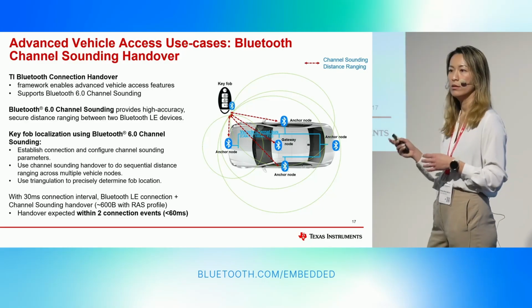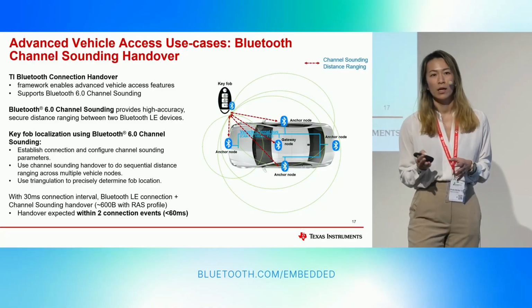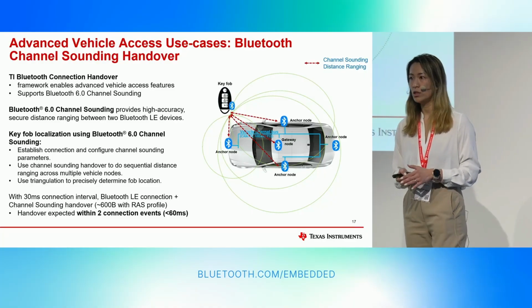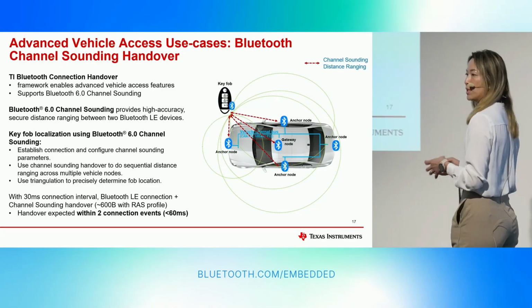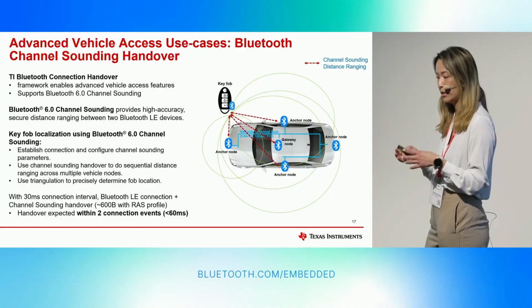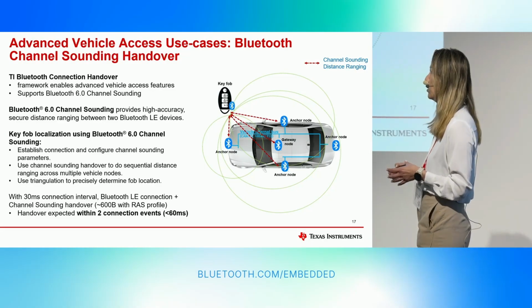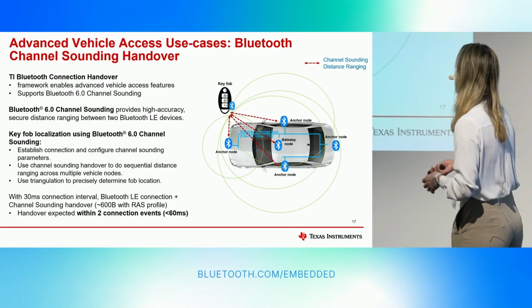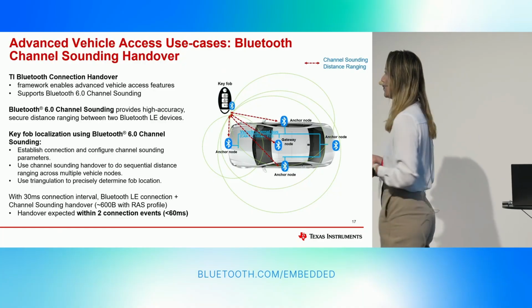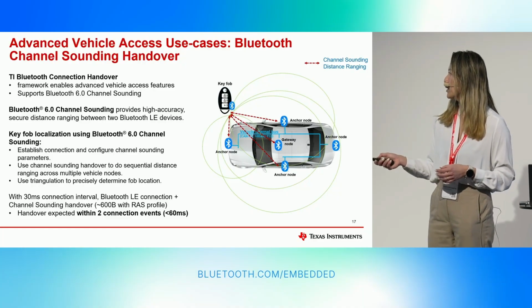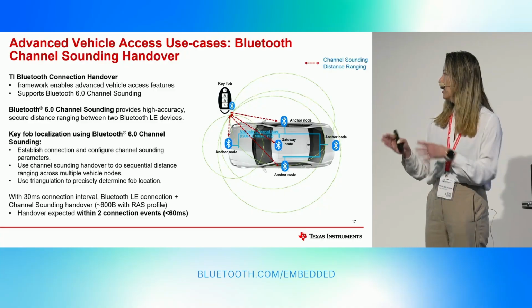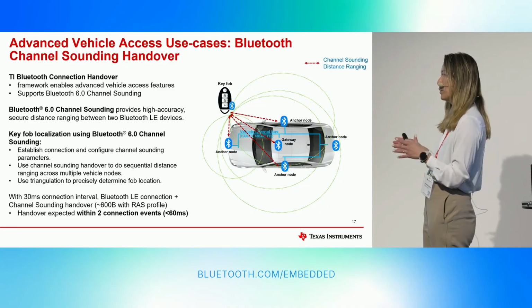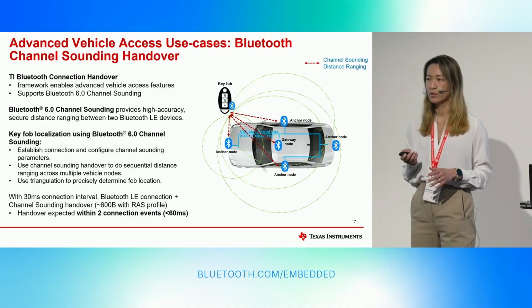And you get more data points with more different nodes and different technology to make a better assessment. The more data points you can get in the same amount of time, of course, the better ranging result you will get, right? With channel sounding, we are able to finish the connection handover with about 2 connection events as well.